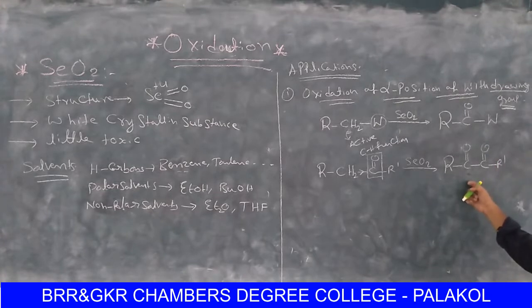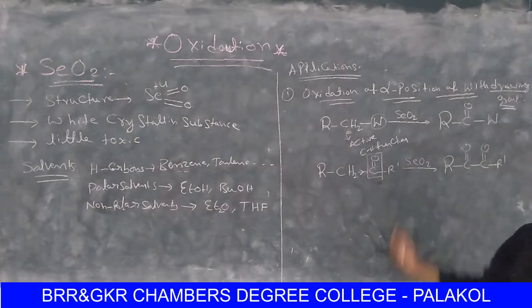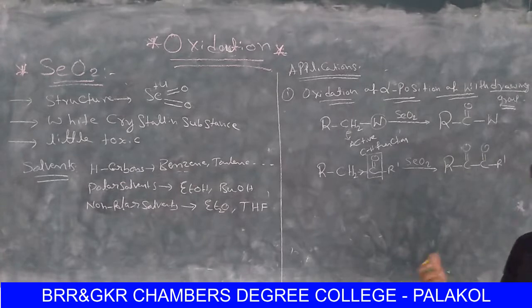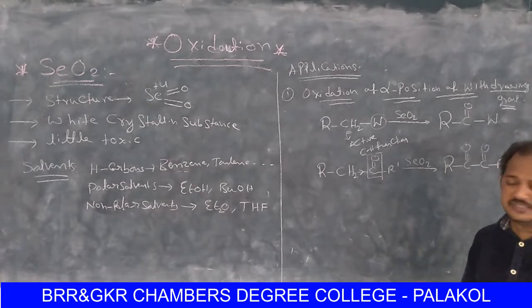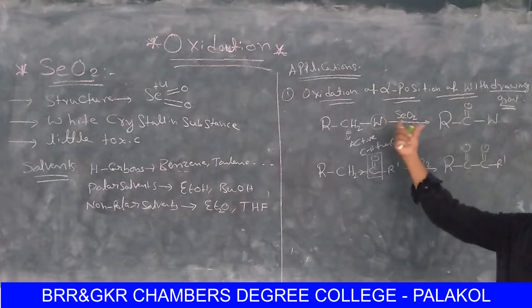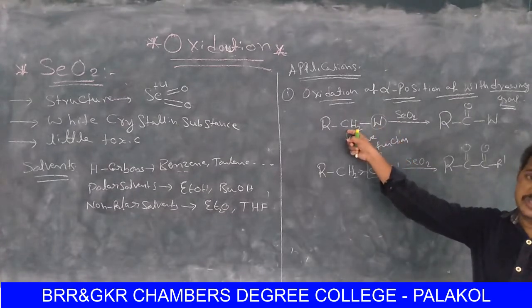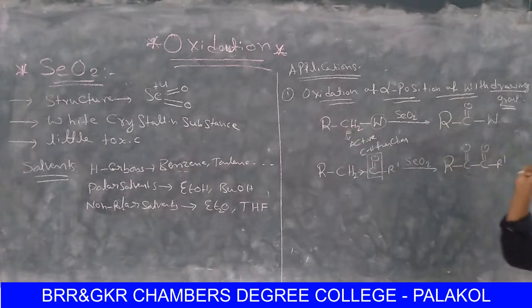The withdrawing group W may be any withdrawing group, not only C double bond O. It may be an ester, Cl, cyanide, or NO2. Any kind of withdrawing group you may take, the adjacent CH functional group is always converted to C double bond O.